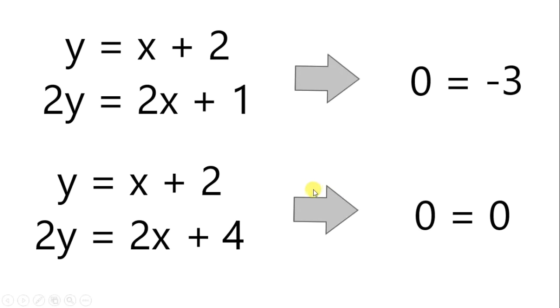Sometimes when trying to solve a system by either elimination or substitution, all variables might cancel out, leaving only numbers. Sometimes the equation is false, like the first one, or maybe true, like the second one.